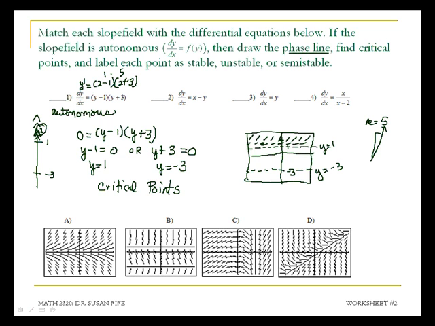Okay, so let's choose a test value between 1 and -3. An excellent test value to choose would be 0. And at 0, if I substitute it into my derivative, I'm going to get 0 minus 1, and 0 plus 3. That gives me a -1 times 3, or -3. That's negative.